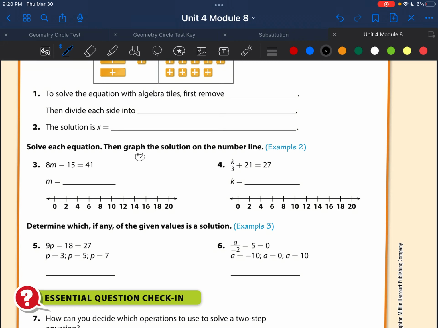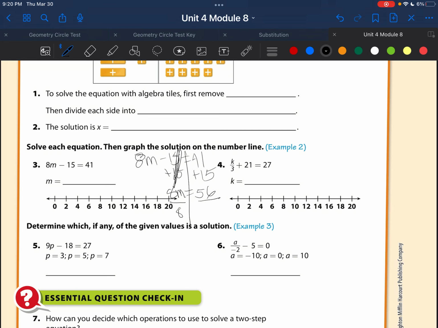All right, first thing I do, I'm going to rewrite it over here so I have some room. 41, draw my line. I add my 15, add my 15. Those cancel out, leaves me with 8m equals 56.